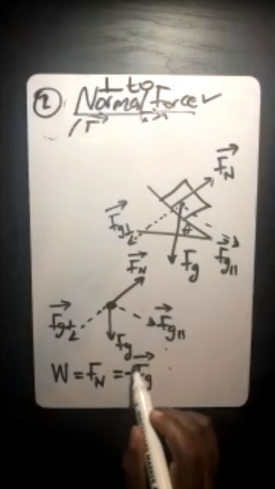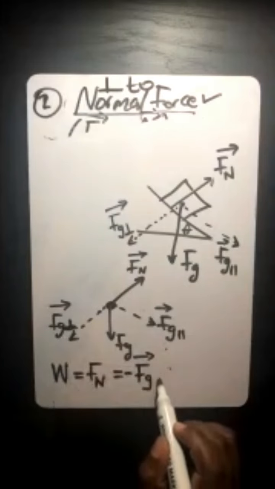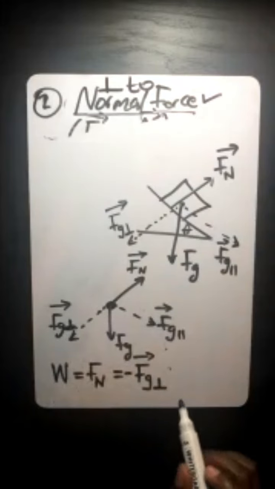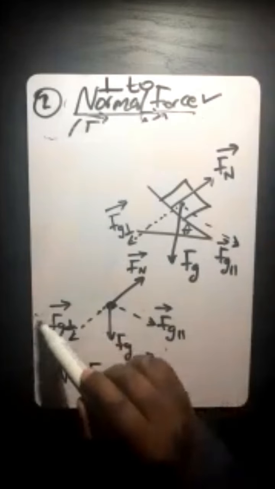And again, not just force of gravity, but force of gravity perpendicular. So that is the reason why I'm saying when I formulate, I am saying these are the two forces that cancel each other out.